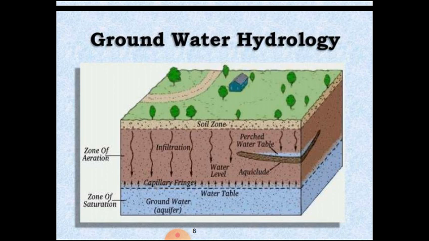In the tensiometer method, suppose one soil column is there.